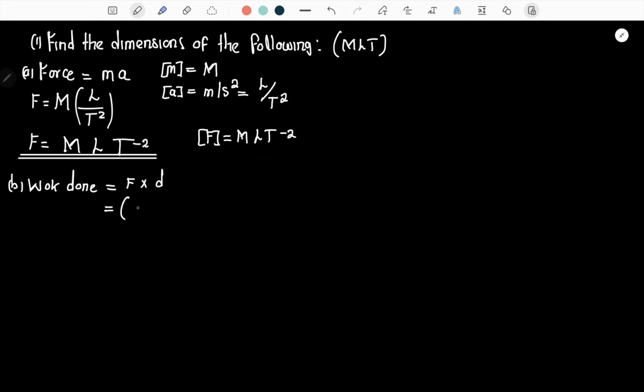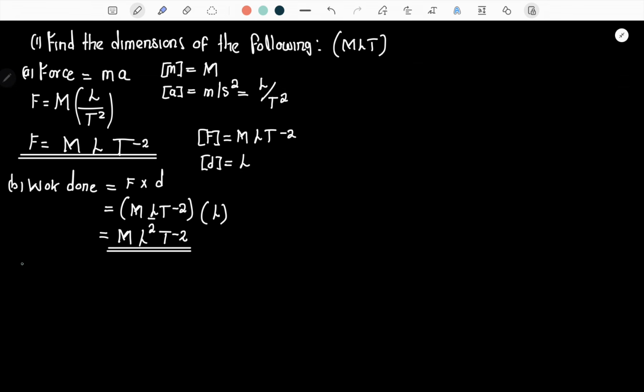So even here, we are going to replace the same dimensions. What are the dimensions of distance or displacement? It is simply capital letter L. So you're going to put your capital letter L here. Now this L is multiplying this L, so you're going to have M, L to the power 2, then T to the power negative 2. So that is how you come up with the dimensions of work done.